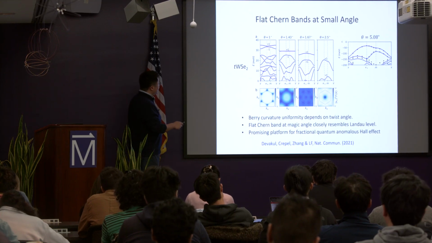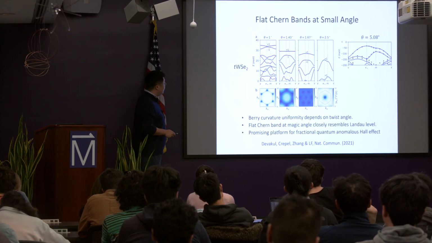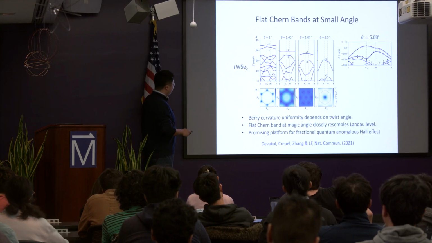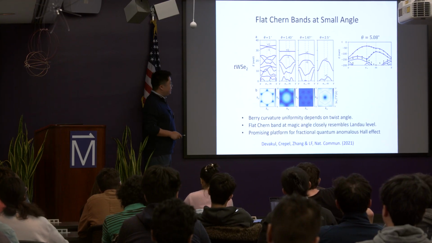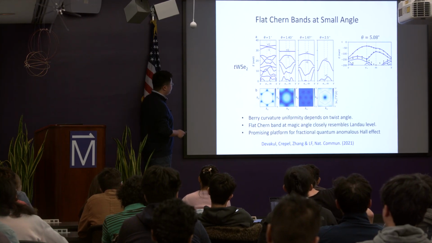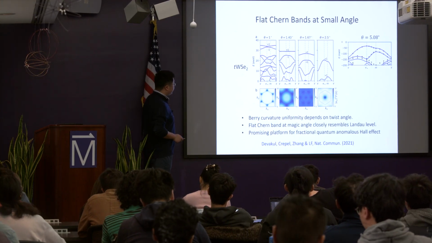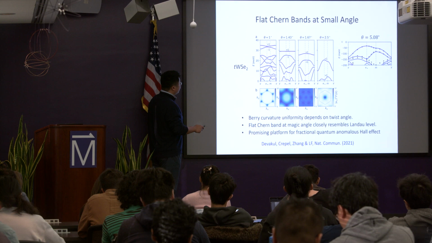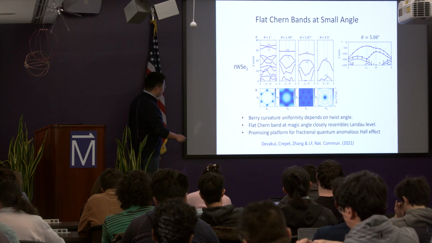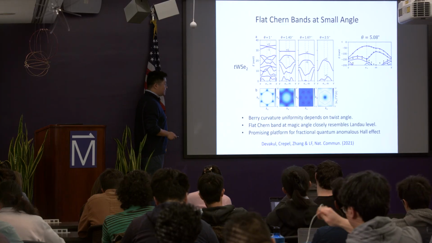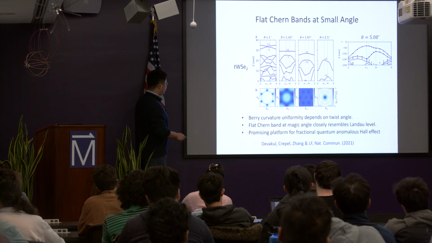And here, I want to focus on the topmost valence band, the lowest energy band for the holes, and across a wide range of twist angles, you see that the band has a non-zero Chern number. This is for a given spin sector, but the bandwidth varies. The bandwidth depends strongly on the twist angle, and it can become very flat at small angles. Also, when we look at the Berry curvature of this Chern band, the Berry curvature can be very uniform at certain magic angles.